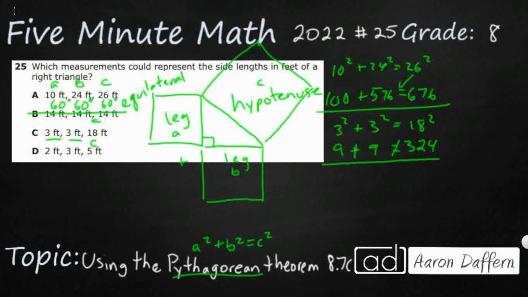Which is helpful because we already know that A is working. So if D works, then we're kind of in trouble. But let's see, small numbers, we don't need a calculator here. 2 squared plus 3 squared equals 5 squared. So we're going to use 4 plus 9 equals 25.